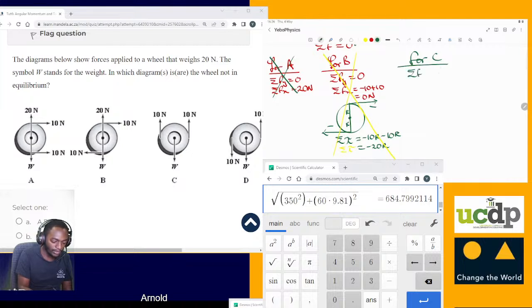Summation of forces in the y direction, 10 going up, 10 going down, so it's a 0. Summation of forces in the x, we have nothing in the x, so definitely that's a 0. Then if we were to sketch, this is what we have.